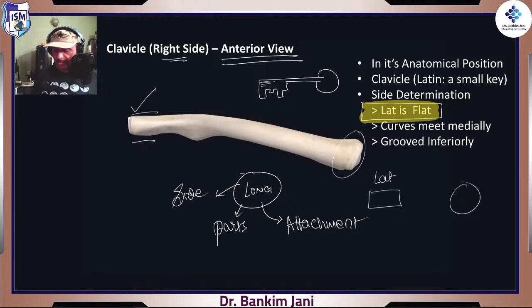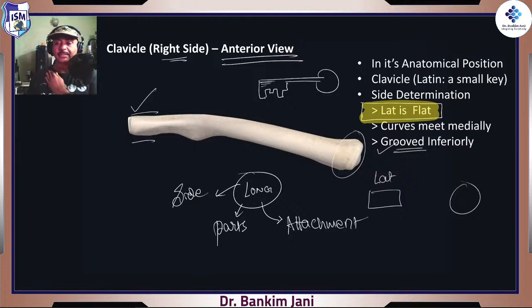Now this is the clavicle. If this side is flat and this side is flat, I can put it like this or like this, so this will not give me the judgment whether it is right or left. But then one more important point: it is grooved inferiorly. It means there are two surfaces, the superior surface and the inferior surface, one above, one below. If the inferior surface is grooved, then the superior surface is smooth.